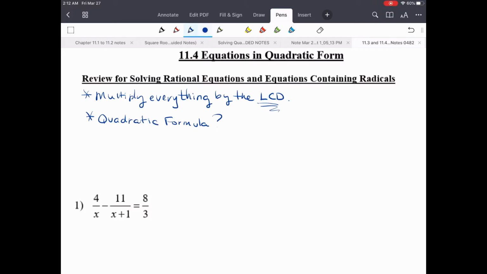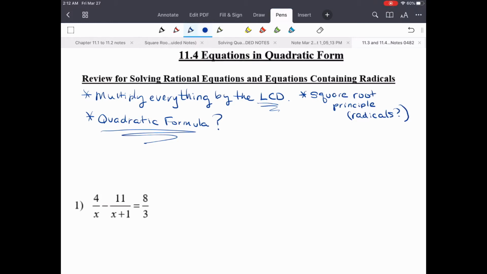And another thing I didn't write down, I just thought of this, we might have to use the square root principle. And then I wrote in here quadratic formula with a question mark by it, because it's kind of up to you.